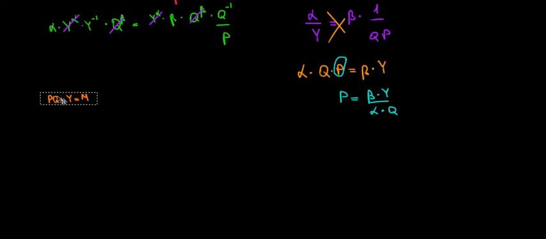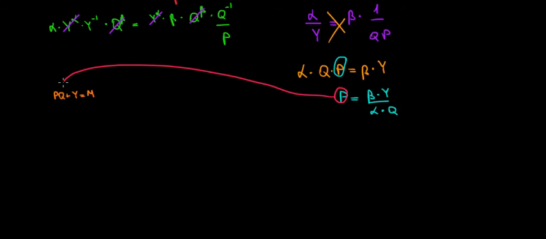Okay, now we're going to use this price. We would have beta times y divided by alpha times q plus y equals to m. Now what we can see is that q and q are going to cancel out, and in that case we're not going to have a demand for quantity, meaning that this substitution is not going to work.